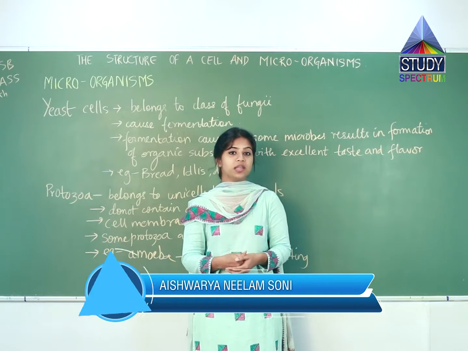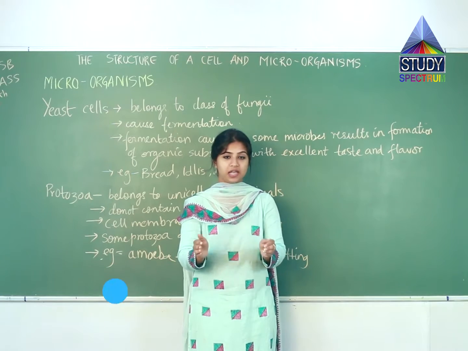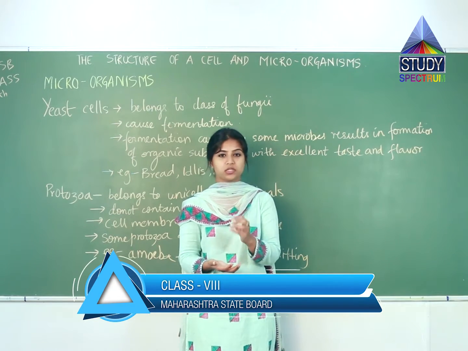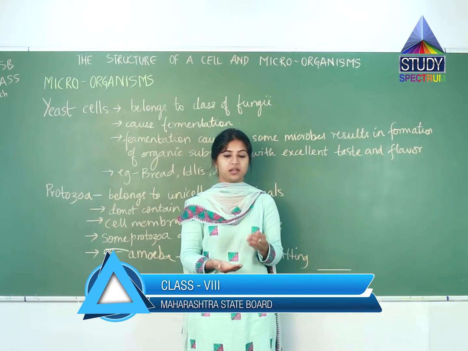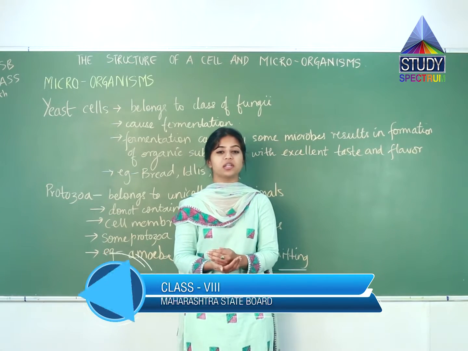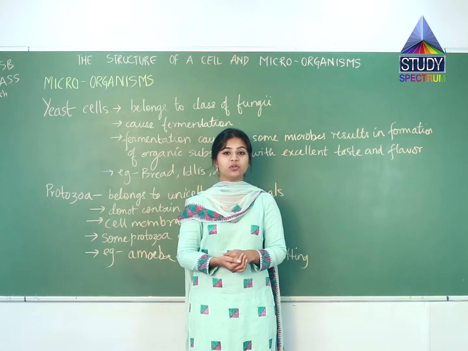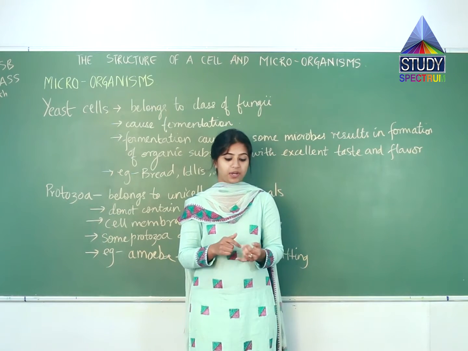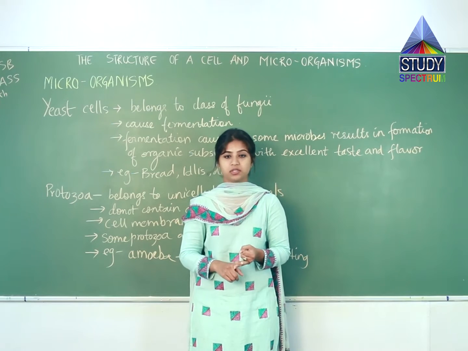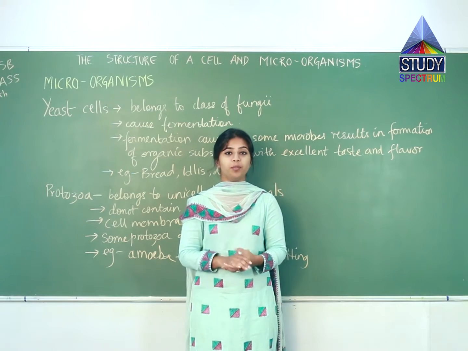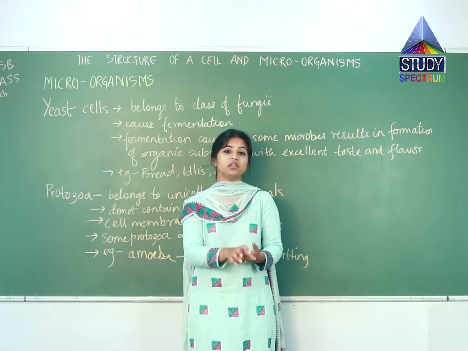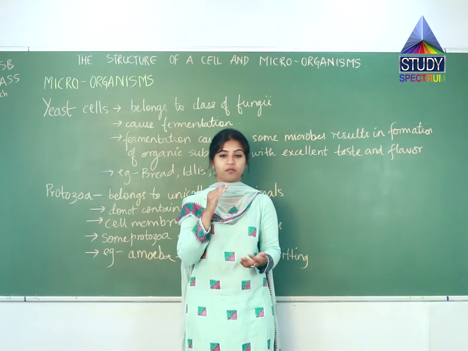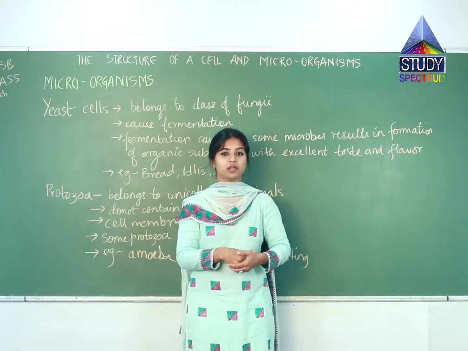Now we also learned that in a cell there are components embedded in the cell, and these are known as organelles. Then we went on to study different types of organelles. We learned about the plant cell structure and the animal cell structure. In both, the organelles were common, but in the plant cell there were two additional organelles.